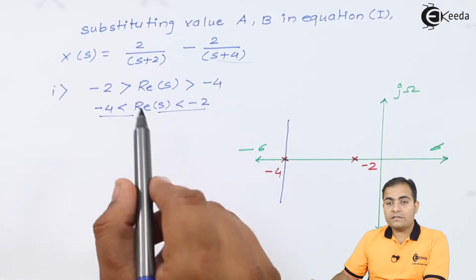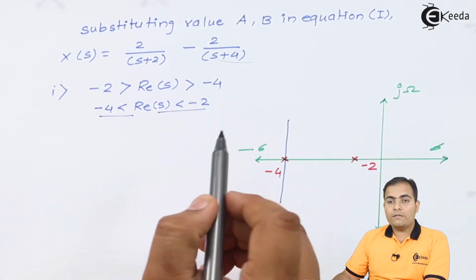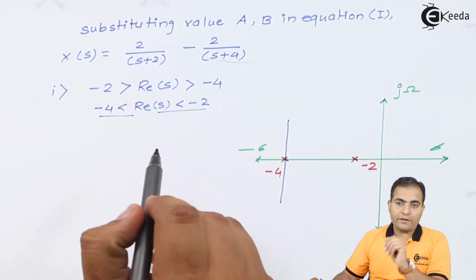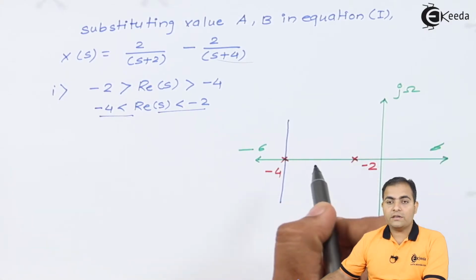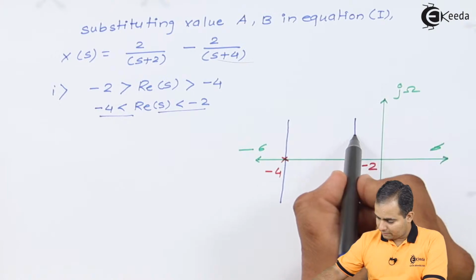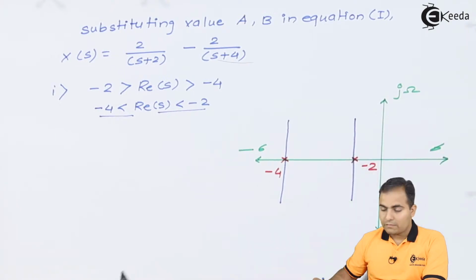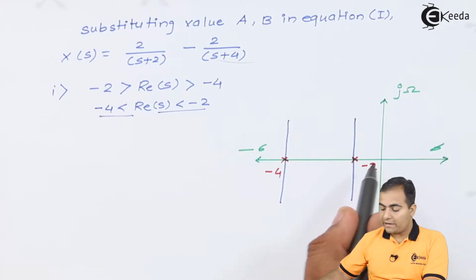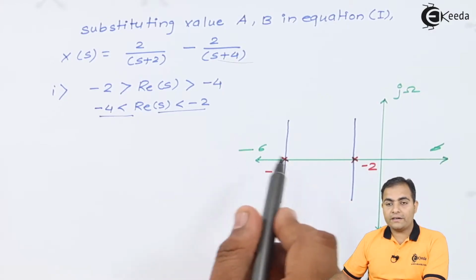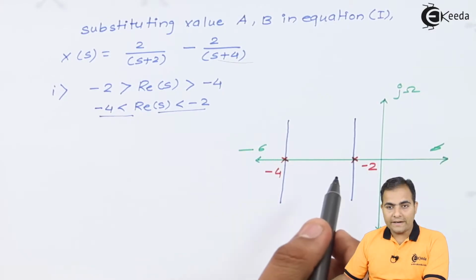Now, if the ROC is left-sided, then we will always mark the ROC on the left side of that pole. As I told you, the ROC of this minus 2 is left-sided, whereas the ROC of minus 4 is right-sided, which means this is a two-sided ROC.